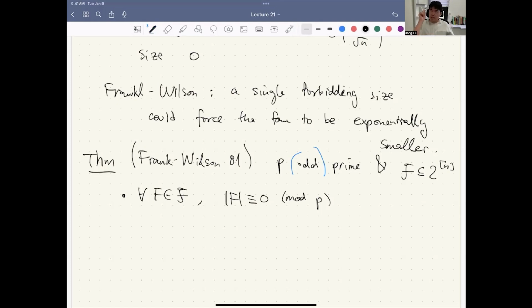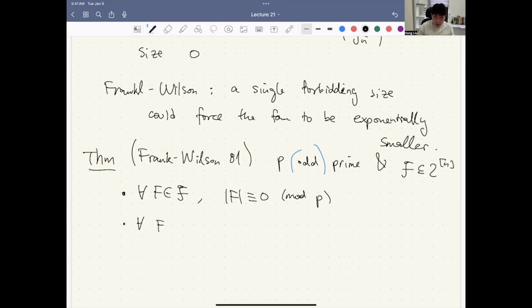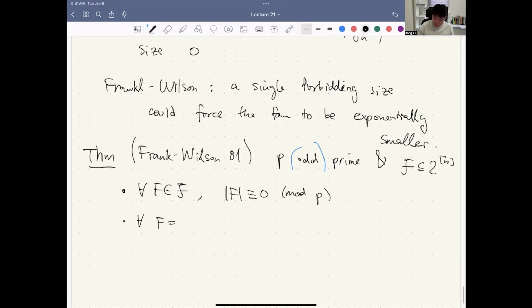Every set, its cardinality is a multiple of the prime P, but their intersection is not a multiple of the prime P. So for every F, not F prime, in the family, distinct ones, their intersection is not 0 mod P. Maybe I should just use 2 bars.